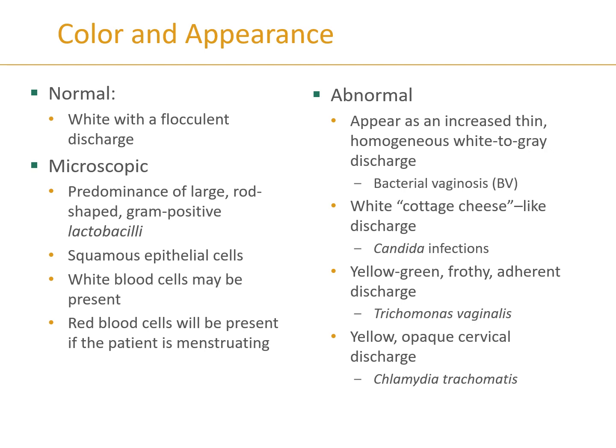Now for abnormal color and appearance: if it appears very increased and thin, a very watery discharge that's white to gray, that could be consistent with bacterial vaginosis. If it's a white, thicker, cottage cheese type discharge that's more clumpy, that's usually consistent with a candida or yeast infection.